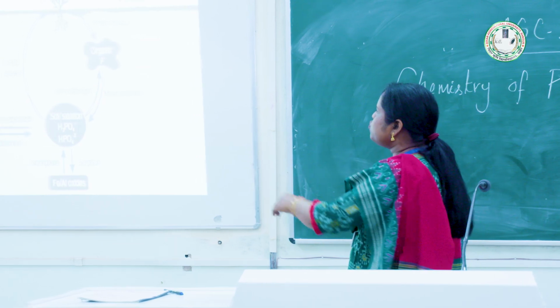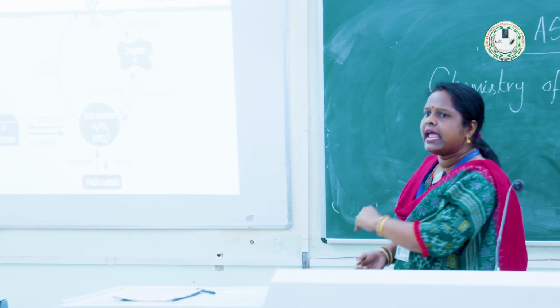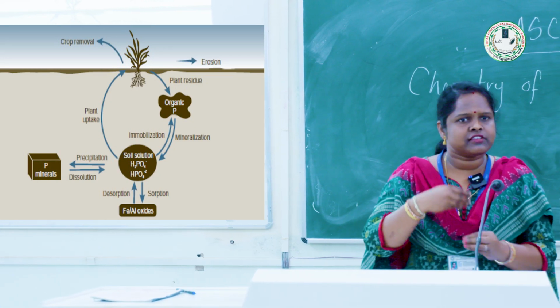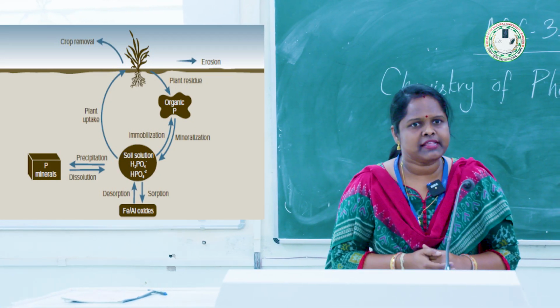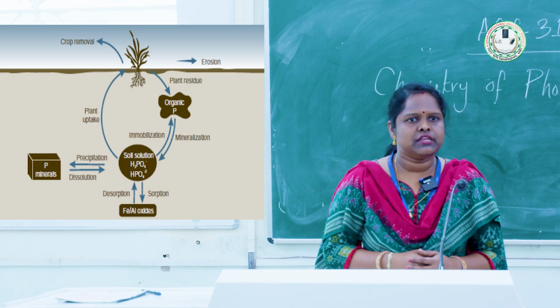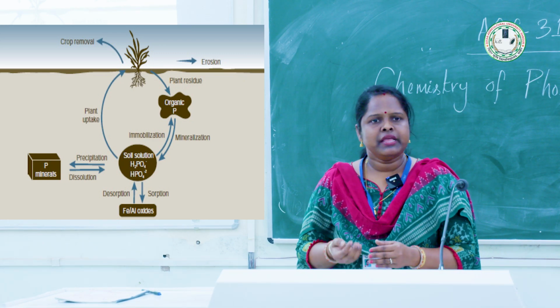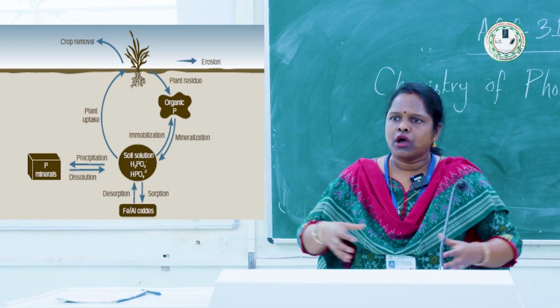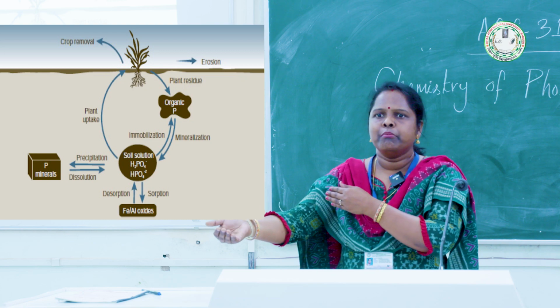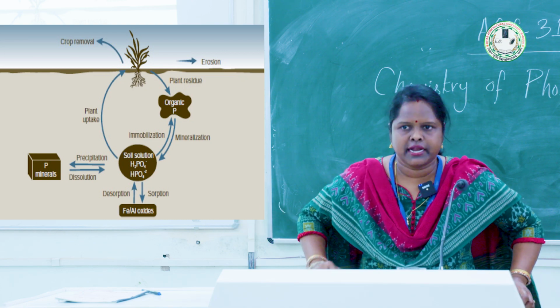Similarly, there are two other processes, precipitation and dissolution. When the mineral form of phosphorus converts into the ionic form of phosphate, that is called dissolution, and the reverse of dissolution is called precipitation. After precipitation, a combination of different compounds is converted to mineral phosphates like apatites.